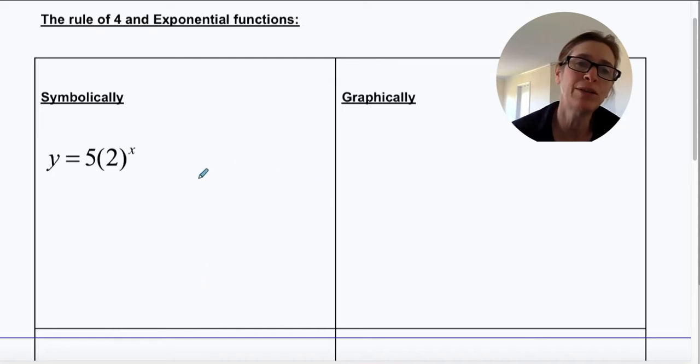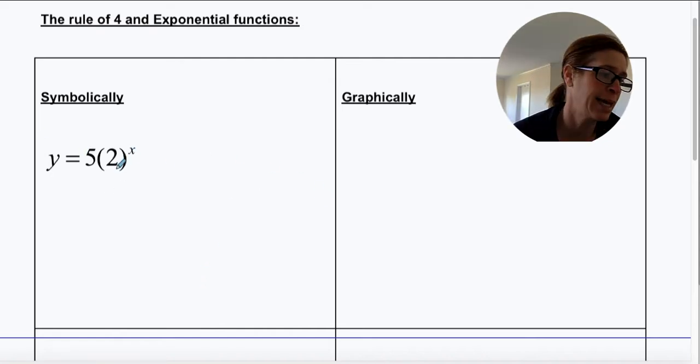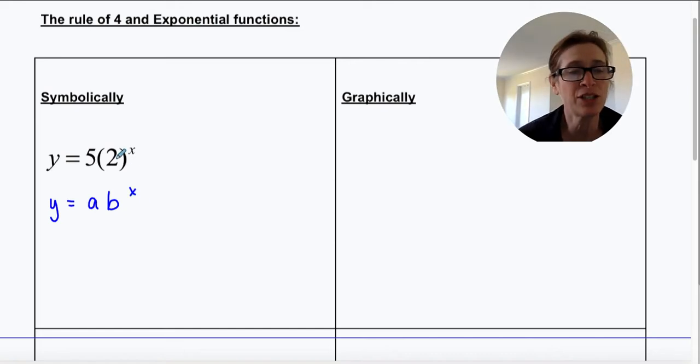So today we looked at symbolically a function of the form y equals a times b to the x. And we called this an exponential function.